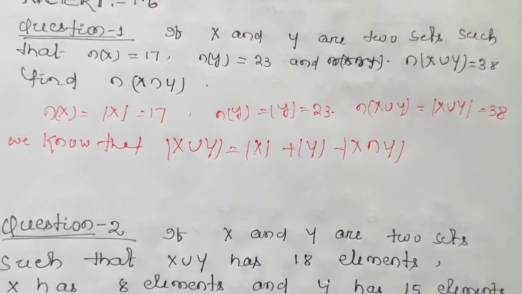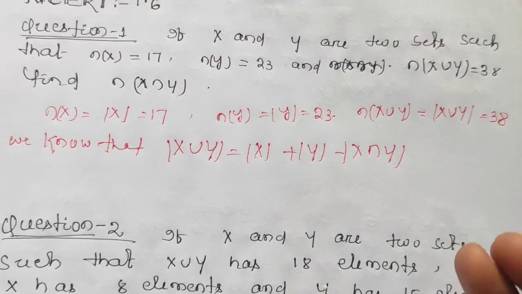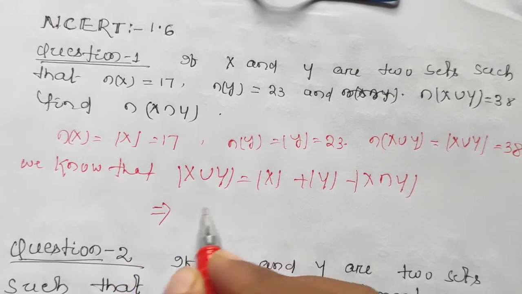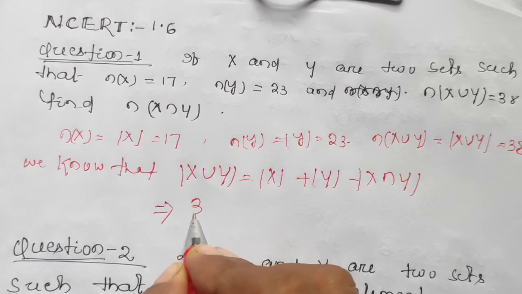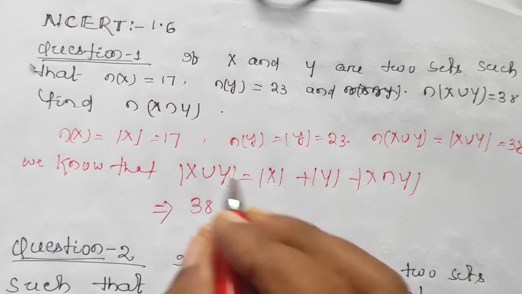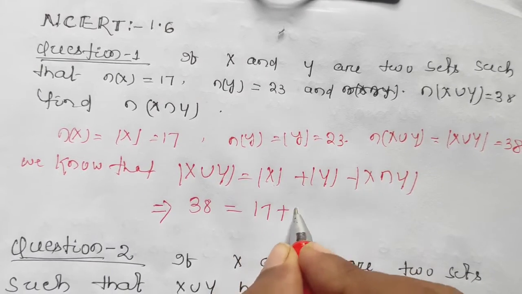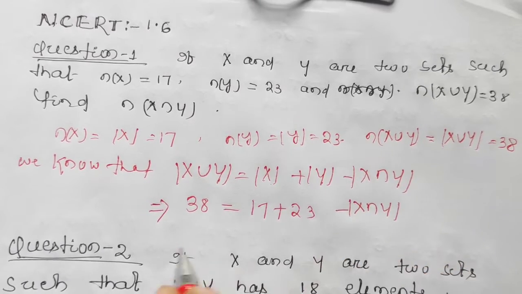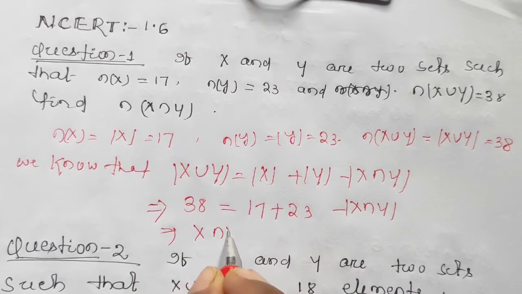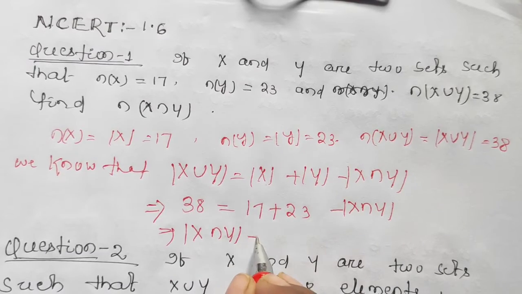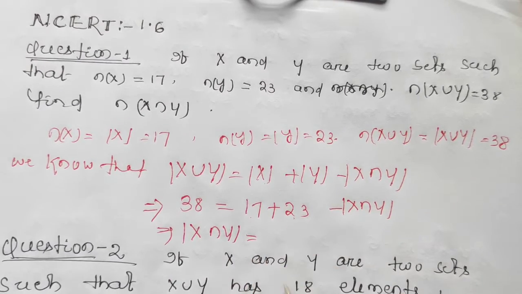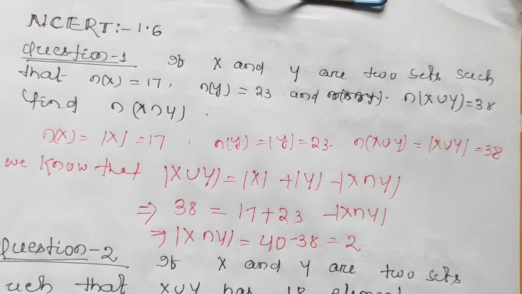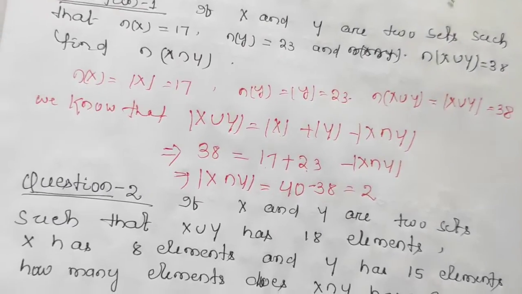It is already given that x union y is 38, so 38 is equal to 17 plus 23 minus x intersection y mod. This means x intersection y mod is equal to 17 plus 23, 40, minus 38, which is equal to 2.